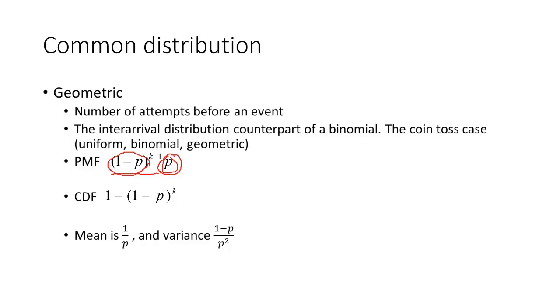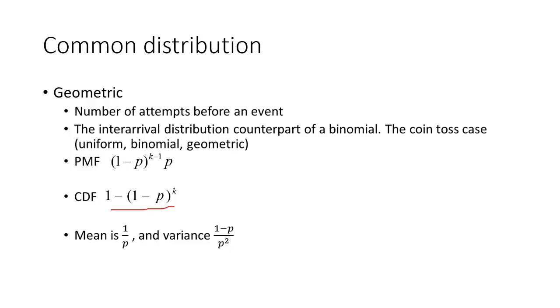Again, for the CDF you're doing a summation, but the summation neatly simplifies to the formula that we've shown here. The mean being 1 by p should be fairly intuitive: if the probability of getting a heads is, let's say, 10%, it should on average take 10 tosses before I get my first heads.